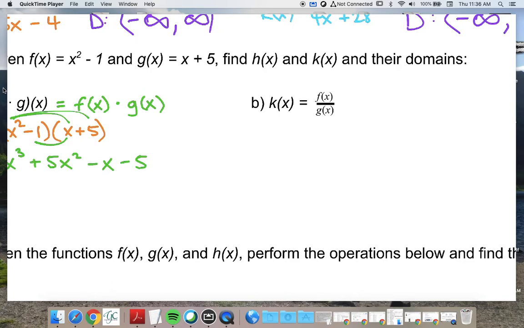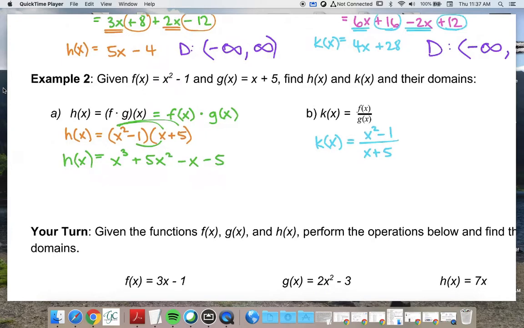So f of x divided by g of x, we're just going to plug our functions into that fraction. So f of x being x squared minus 1 going in the numerator, and then g of x being x plus 5 going in the denominator. And that's it. We're just plugging in. There's nothing else we can do in this unit.